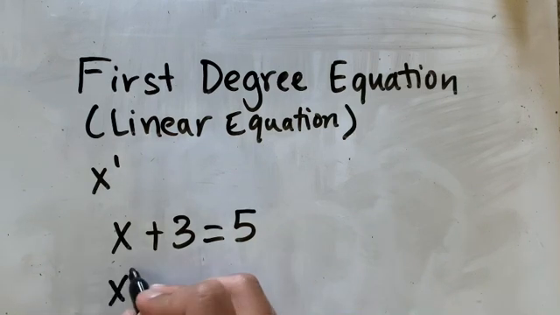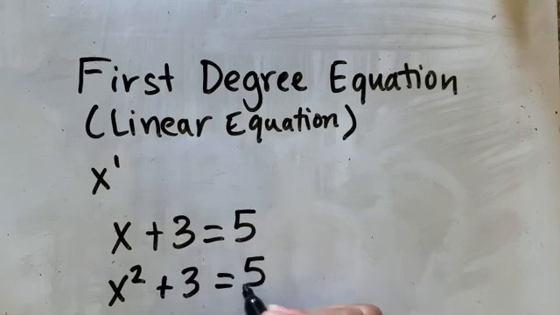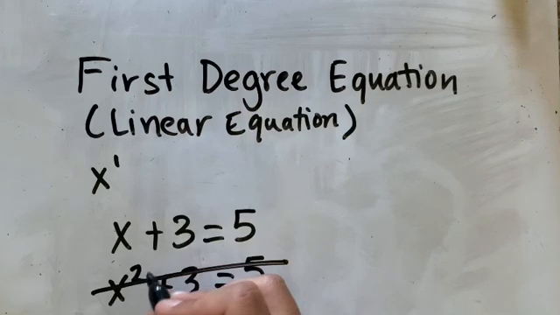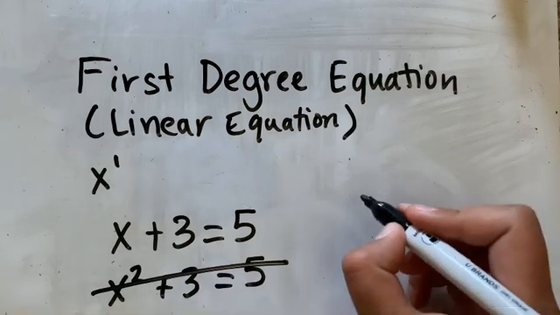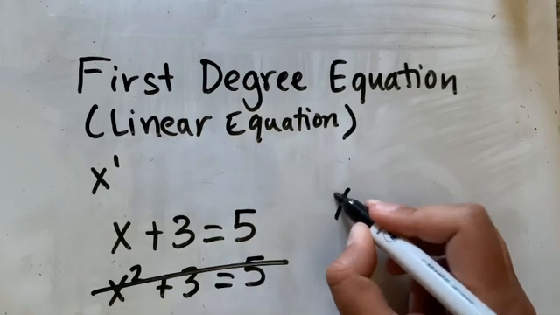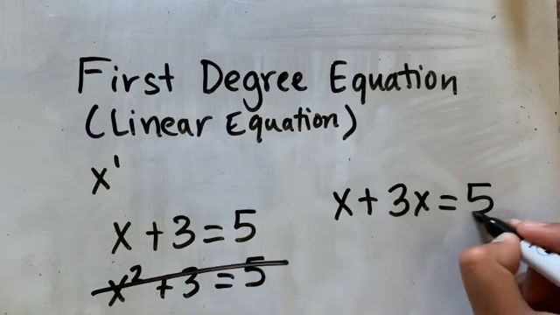But x to the second power plus 3 equals 5 is not a first degree equation because the variable is raised to the second power. But you can have multiple of the same variable. So you could have x plus 3x equals 5.